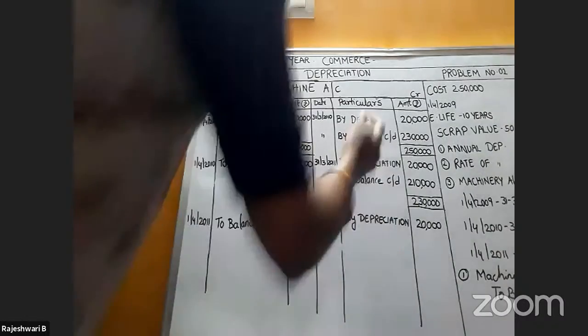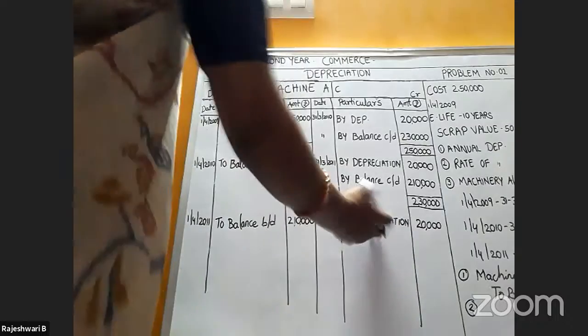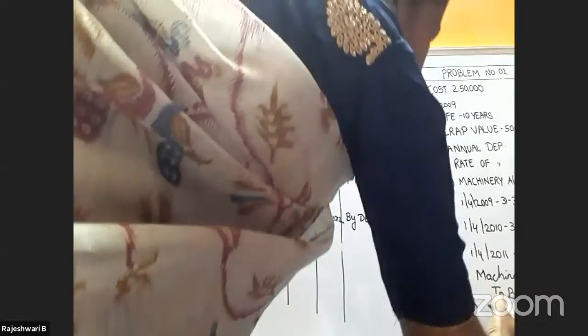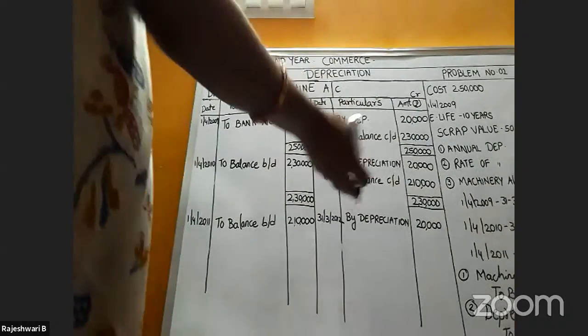For this, one more entry, the second entry: depreciation account to machine account. This is the entry for providing depreciation.